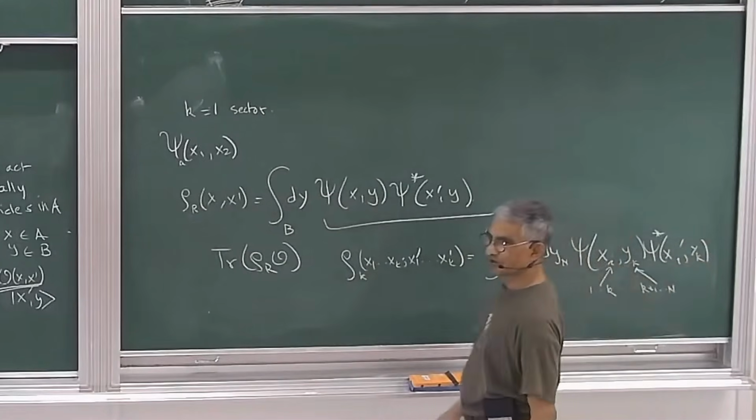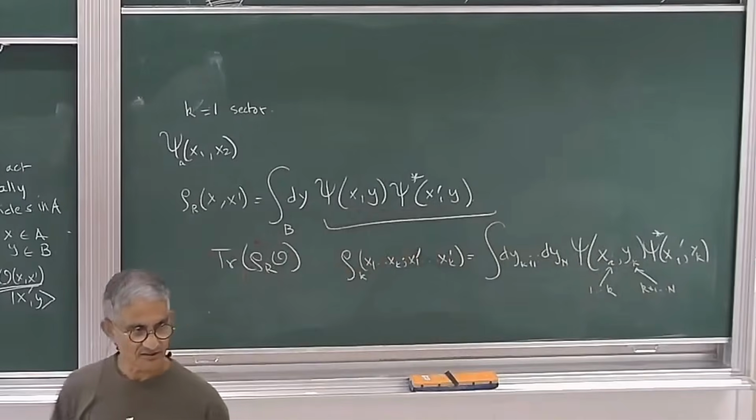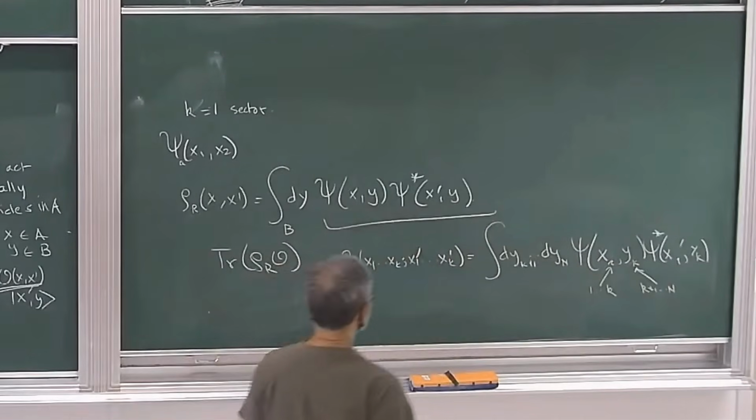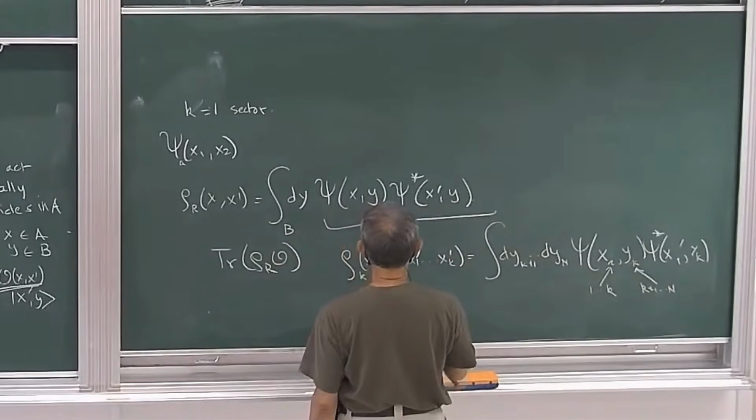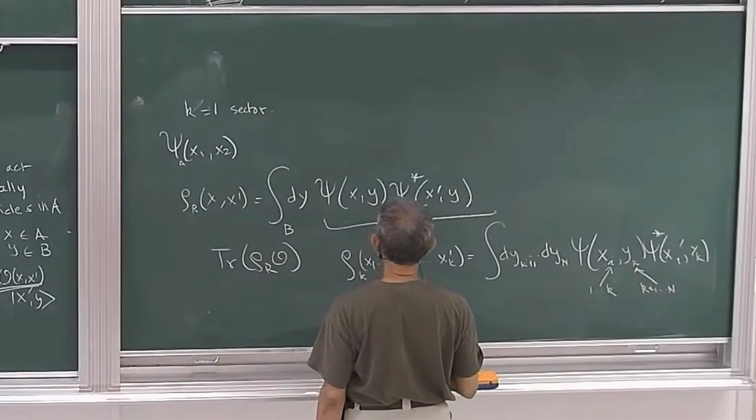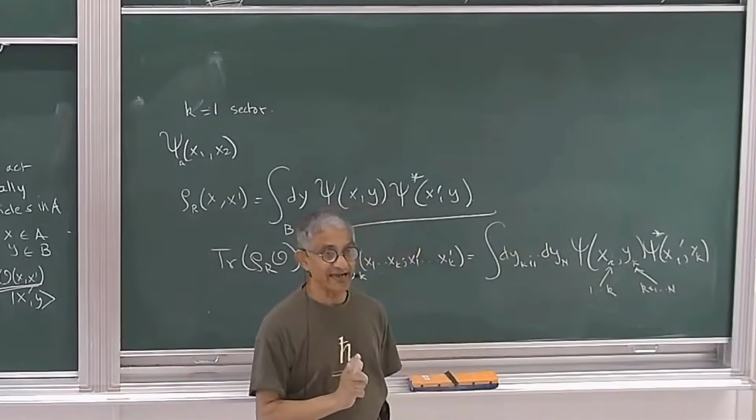So that's being traced out. Okay. So this I'll call the density matrix in the sector which is labeled by K.